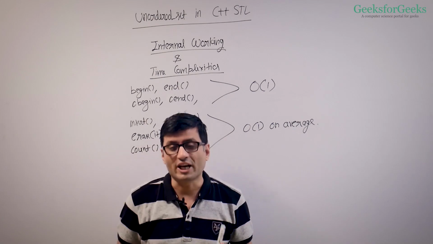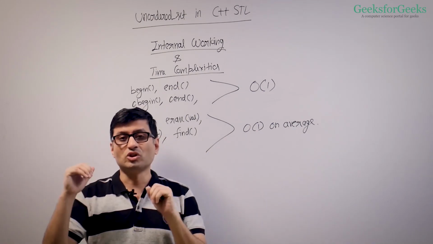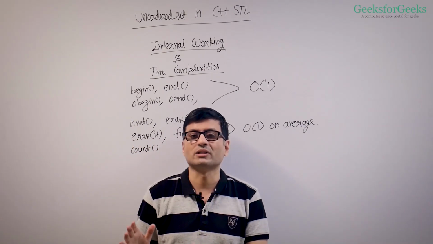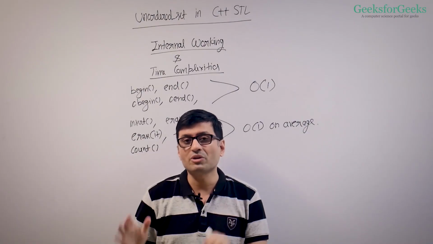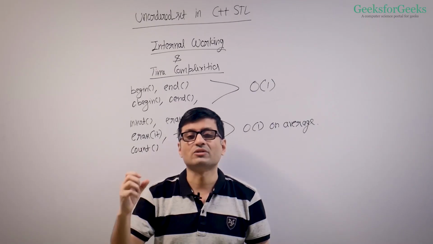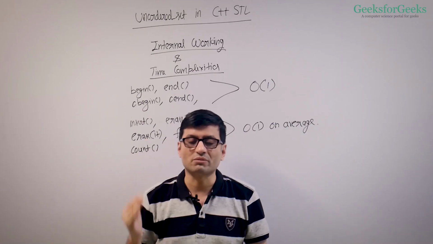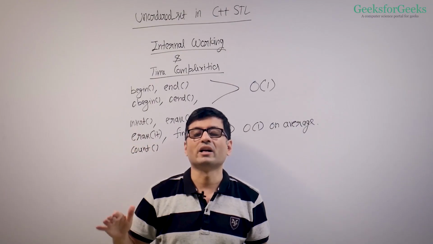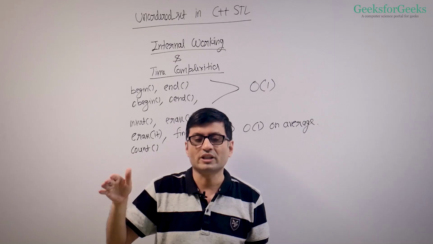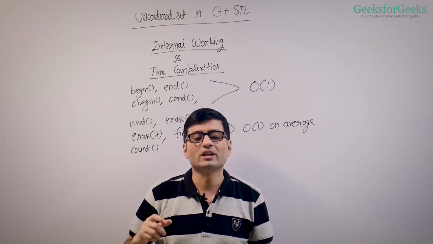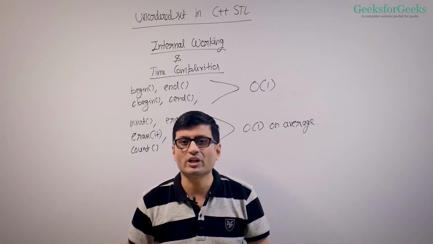If you remember the hashing data structure, it assumes that your hash function uniformly distributes the items, and if the items are uniformly distributed, then every chain is going to have some constant number of items. If you have a hash table of size n, and if you are having n items, and if every item is being distributed uniformly in every slot, then every slot is going to have on average 1 item.